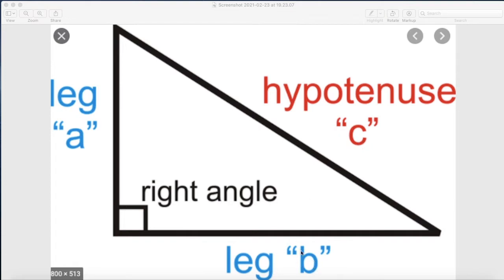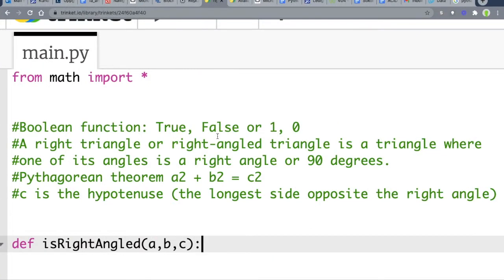Maybe the longest side is this one. So we have to be able to check whether this triangle is a right triangle or not.